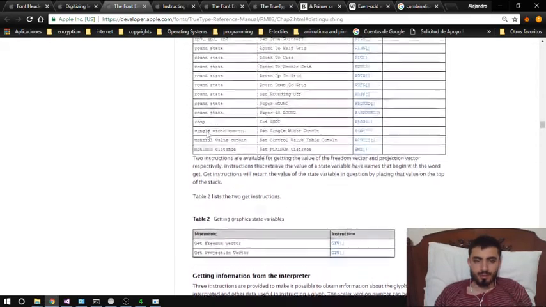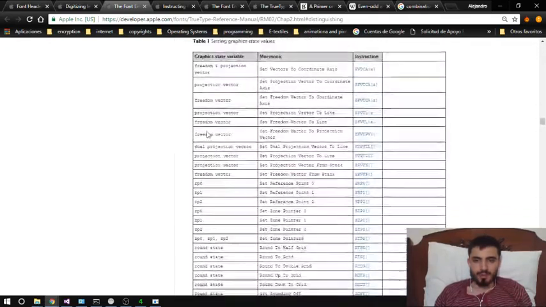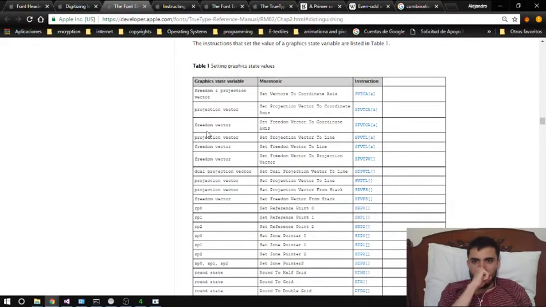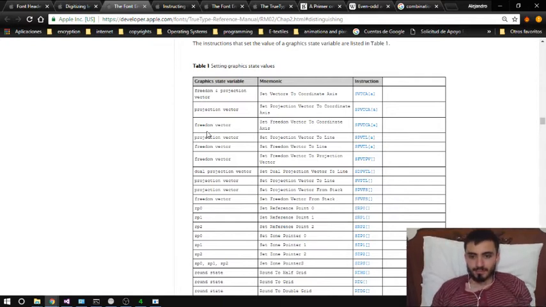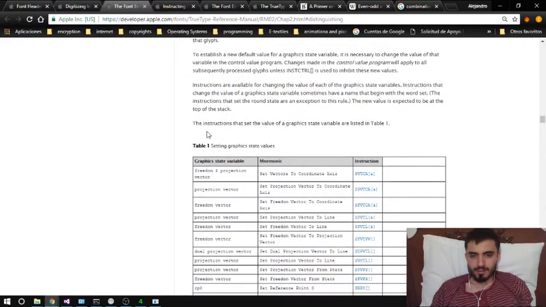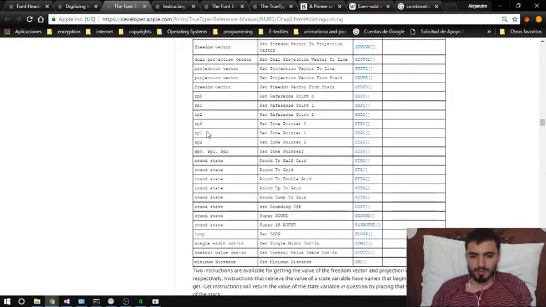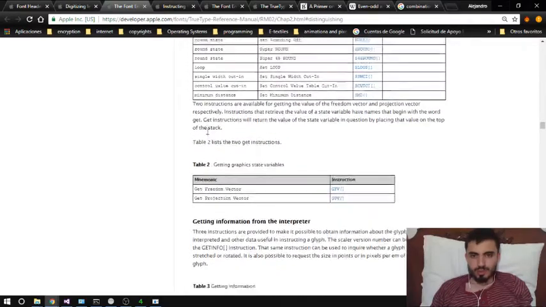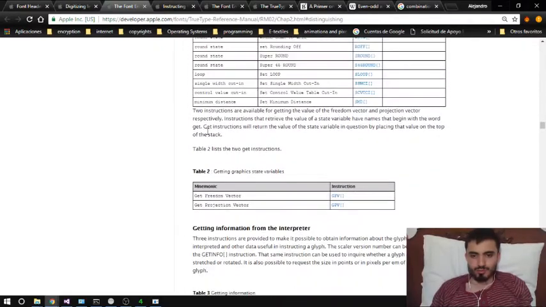And that opcode basically is stored as a binary. So I don't know how important it should be to use these functions.